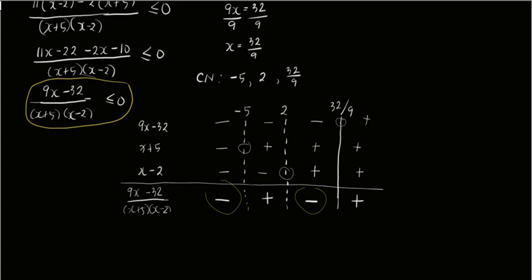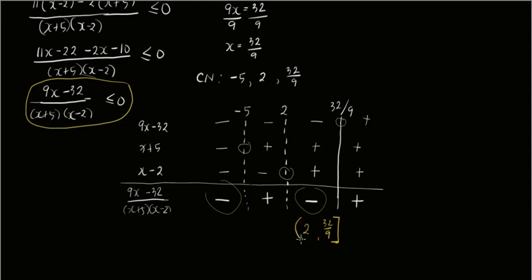Okay, dito na ngayon papasok yung paggawa natin ng interval notation. So, ito yung mga boundaries natin. So, mula 32 over 9. Since kasama si 32 over 9, ayun yung significance ng straight line. 32 over 9 hanggang kay 2.